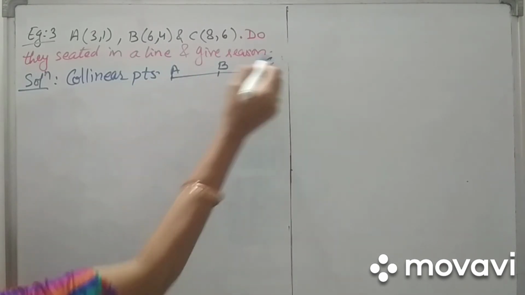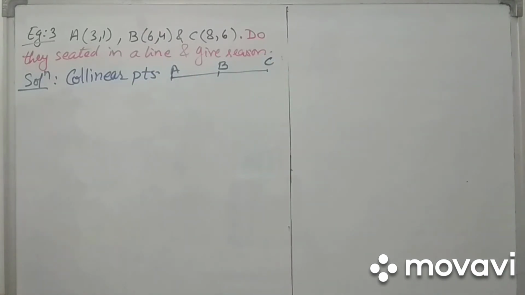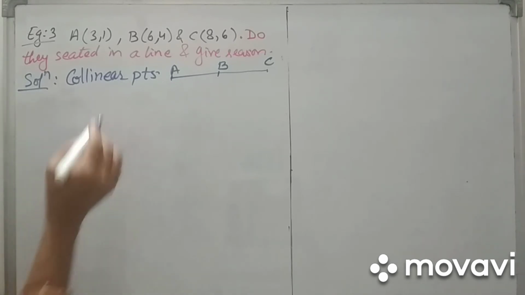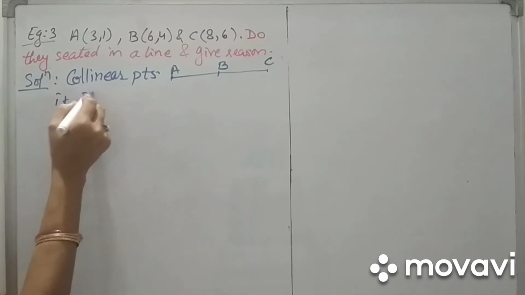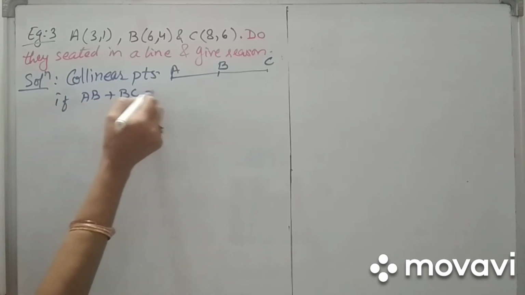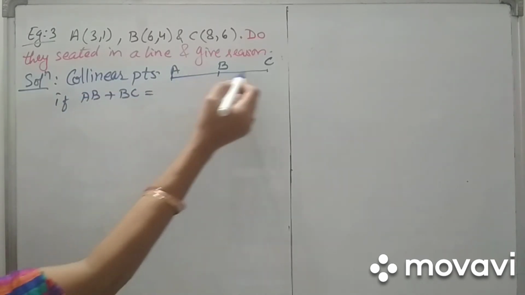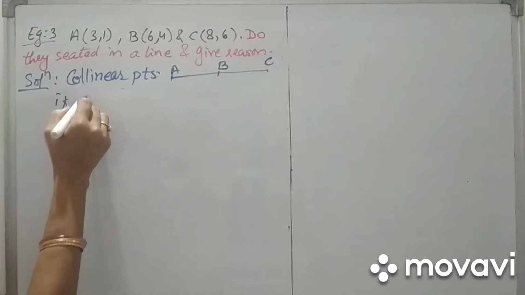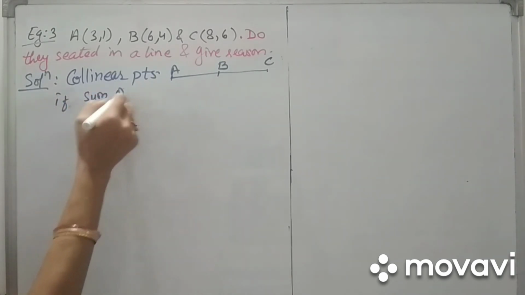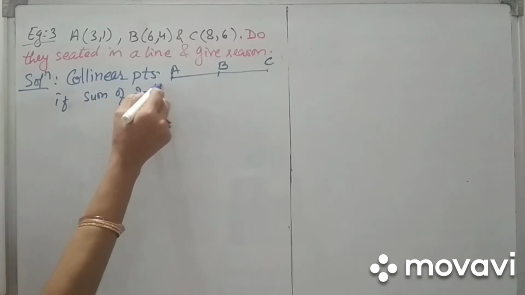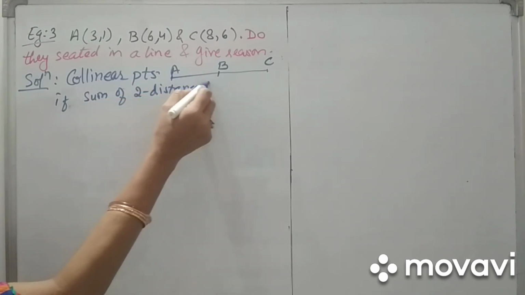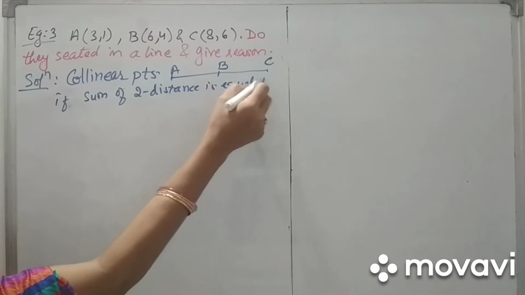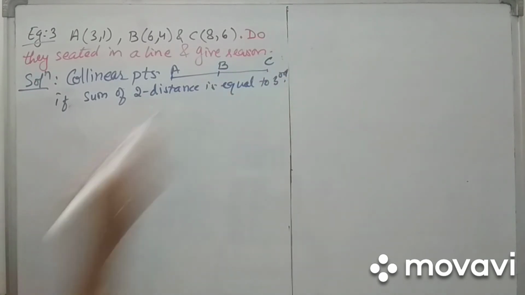A, B and C should lie on a straight line. How will we get it? Its answer: if AB plus BC, or any addition of 2, is equal to the third side. If the sum of 2 distances is equal to the third one.